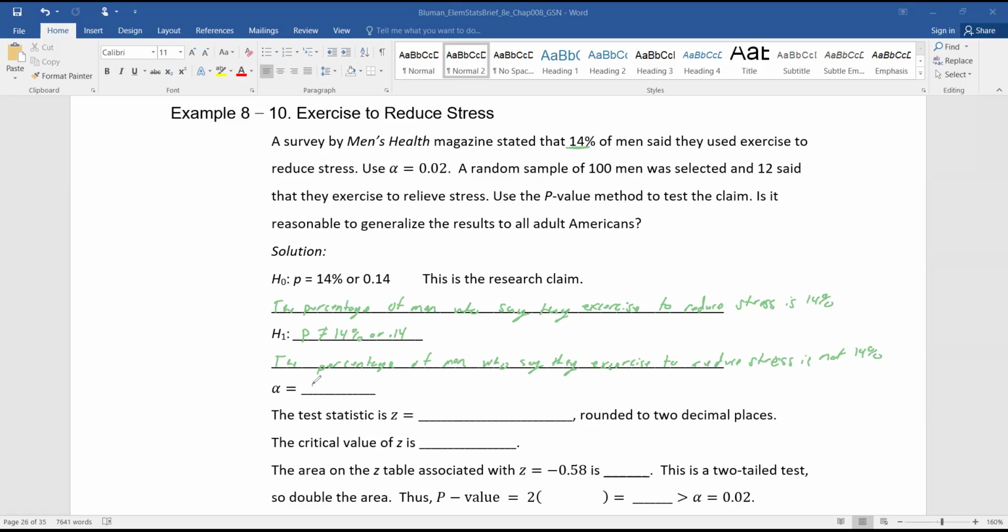Our alpha was 0.02, but do remember that when we work on this, we need to divide it by 2, but we'll get to that point in a little bit.